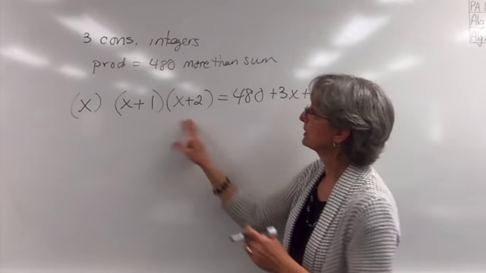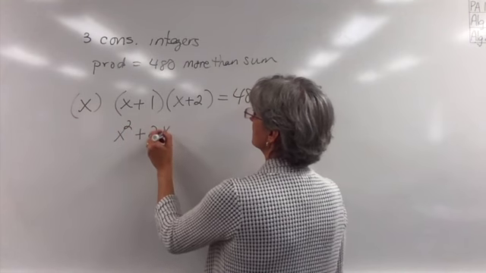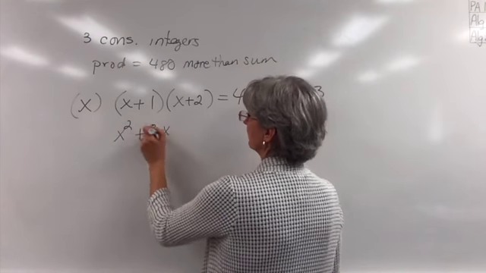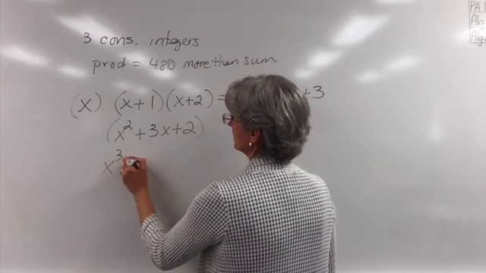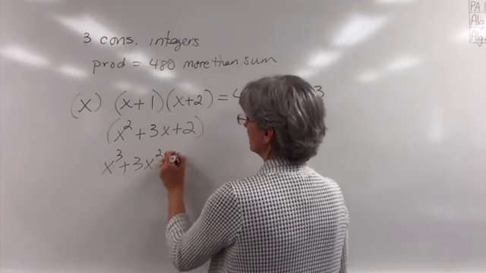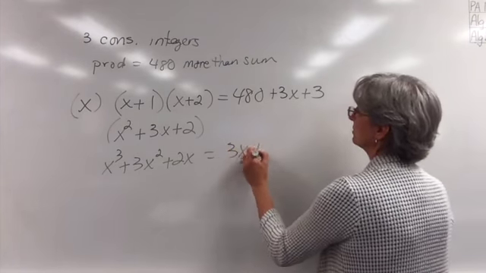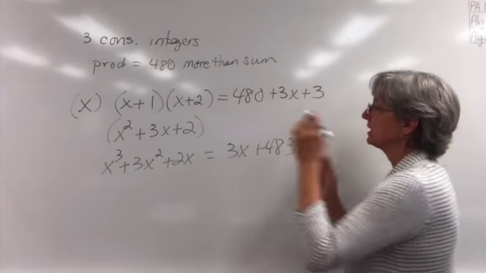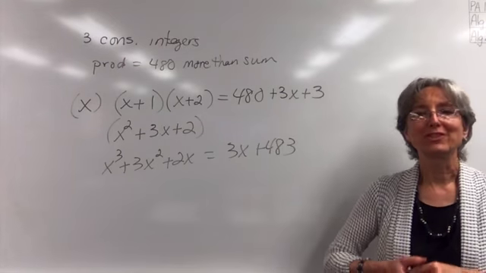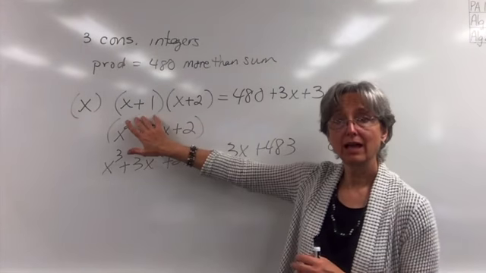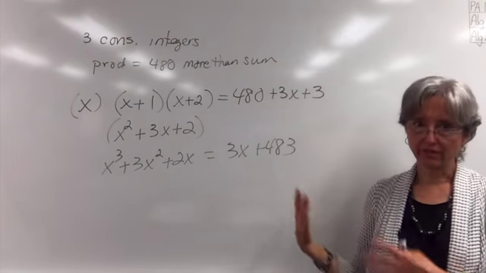So we would multiply this, x squared plus 3x plus 2 times x is x cubed plus 3x squared plus 2x equals 3x plus 483, and set it equal to 0 and solve, and there we go. So this is the tricky part: how do you get these 3 expressions and then set it up?